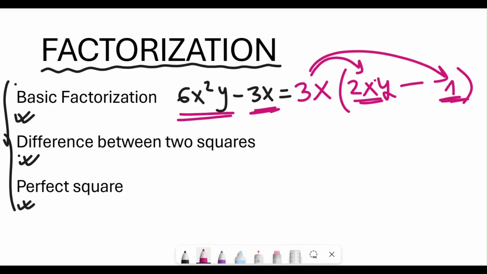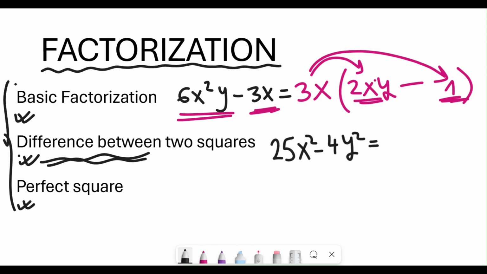Then we did factorize the difference between two squares. So if we have, for example, 25x squared minus 4y squared. The reason why we apply difference between two squares is because we have something squared minus something squared. But what is that actually? What number to the power of 2, or what did you multiply by itself to get 25x squared?